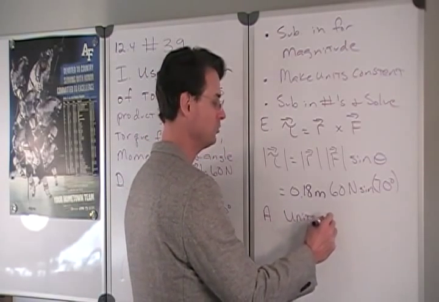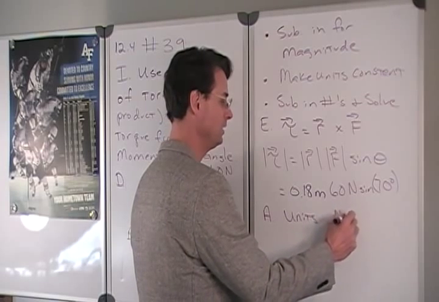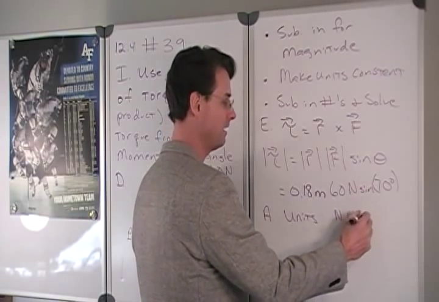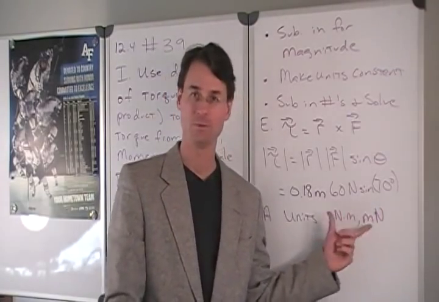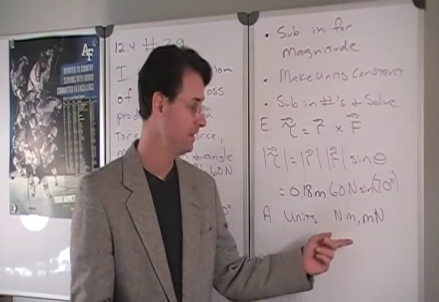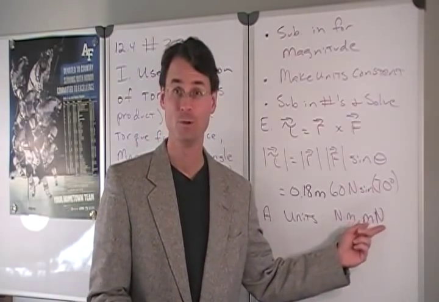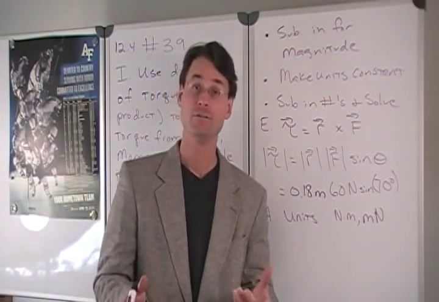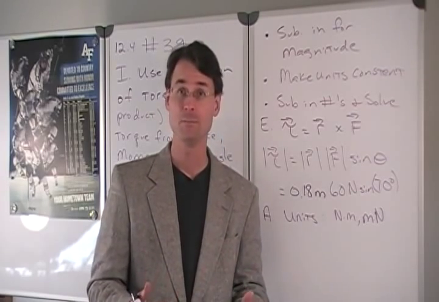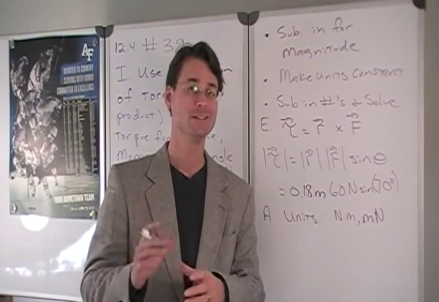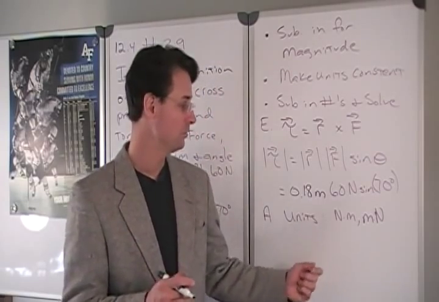The units of the answer should be newton meters, or in some cases meter newtons. It doesn't really matter because multiplication obeys the commutative property, but your units had better have both a newton and a meter. Had you forgotten to convert the centimeters to meters, you'd have centimeter newtons, which really isn't a proper SI unit of torque.